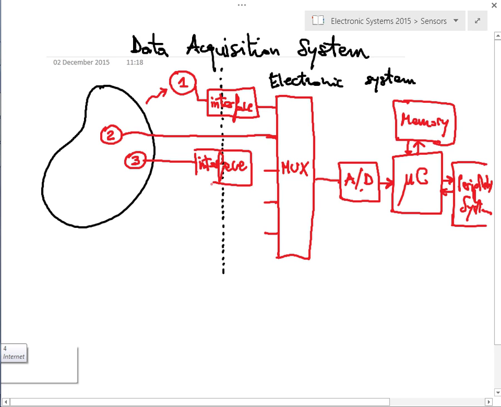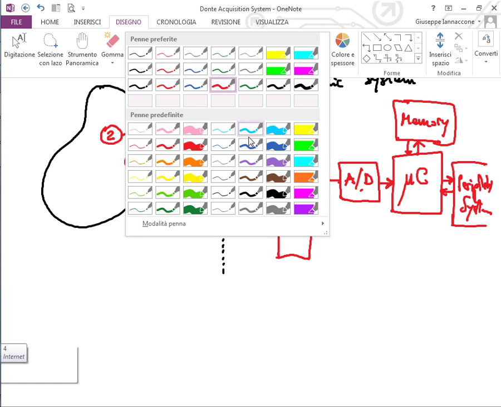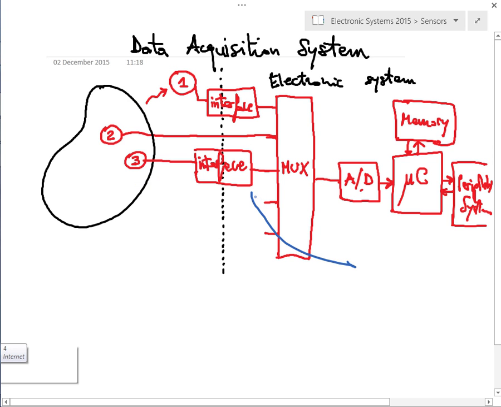These interfaces are called, let me just use a different arrow, are called signal conditioning interfaces. They can be separated from the real sensors, or can be, let's say, embedded. For example, they might amplify the signal.